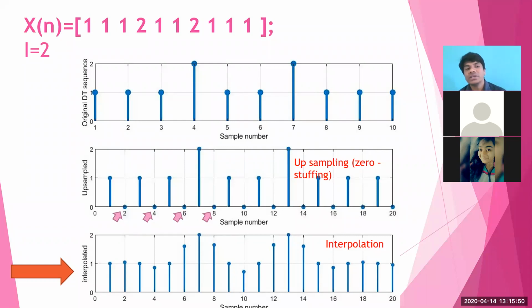If you look at these three pictures, the first one is the given sequence, the second one is the zero-stuffed one, and in the third sequence those zeros have been converted into real samples through some interpolation filter, which we are going to see later.